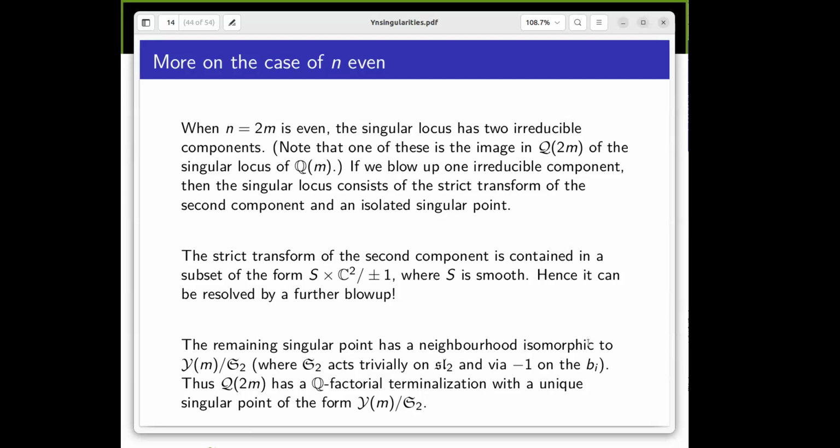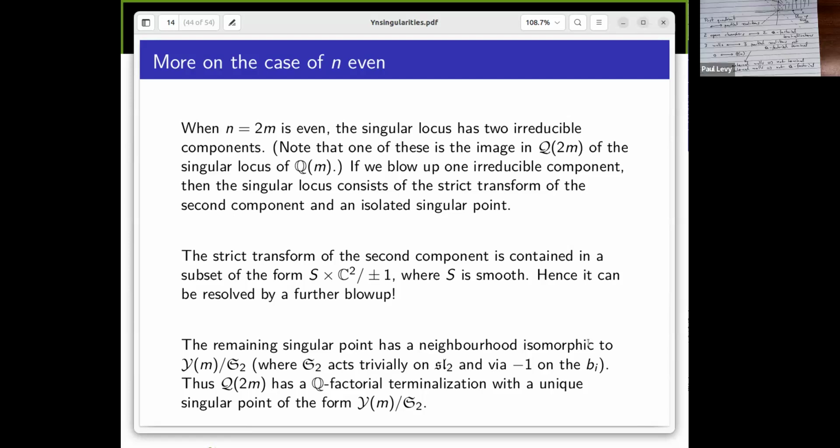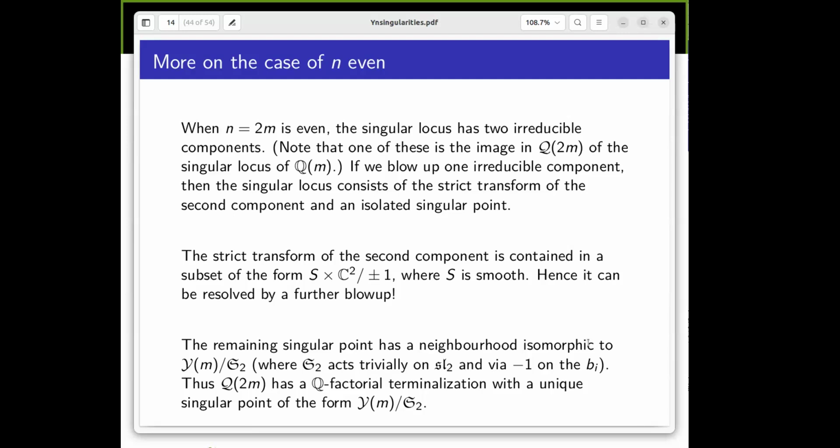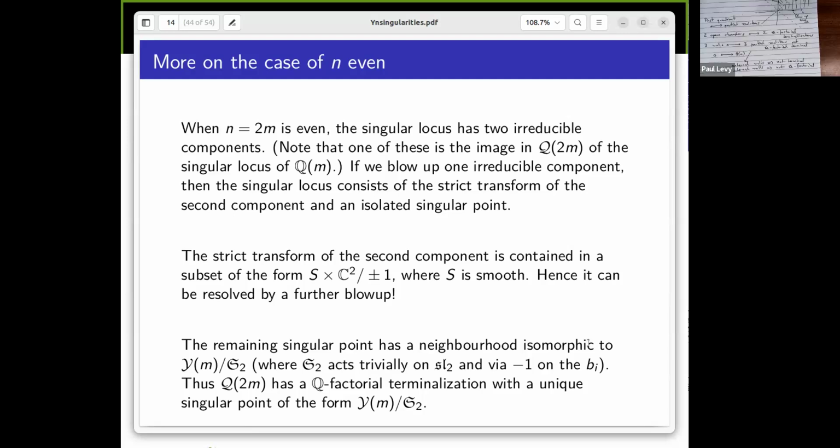Okay, so that's the action of S2, but the action of the SL2, I was saying, is via the adjoint action on SL2 and just the vector representation on the symmetric power. You're right that any cyclic group of order greater than 2 is certainly likely to have fixed points.